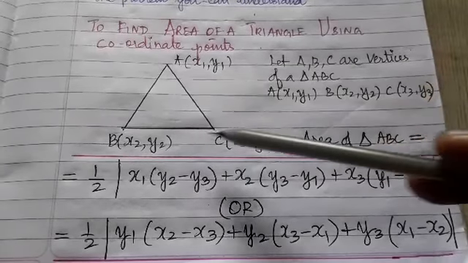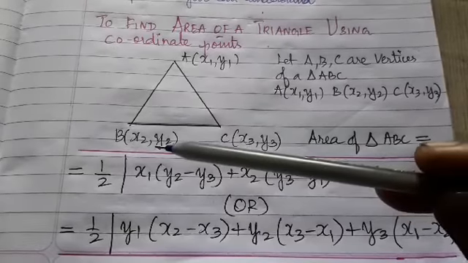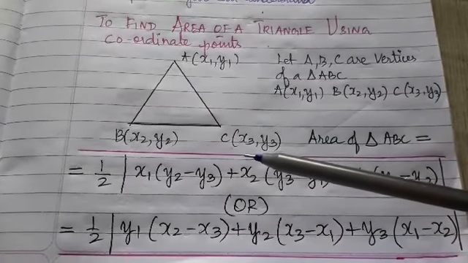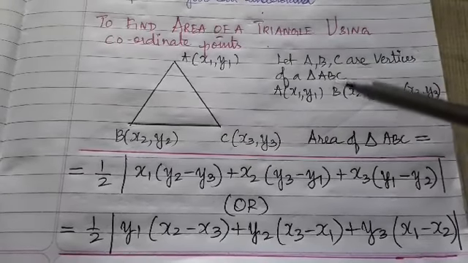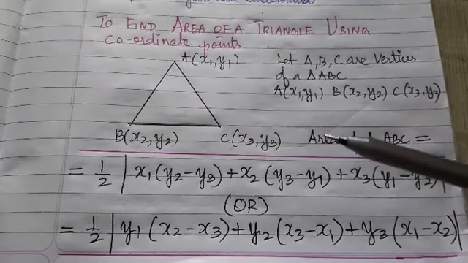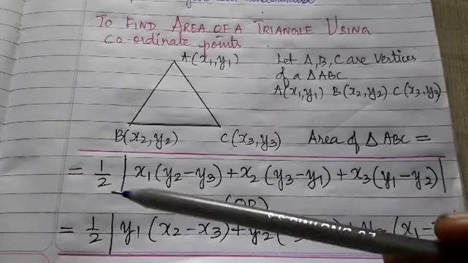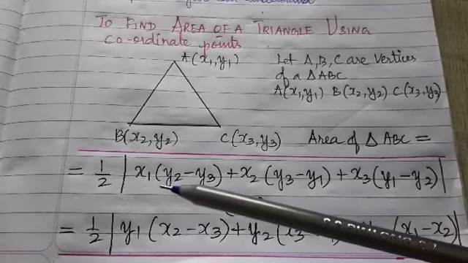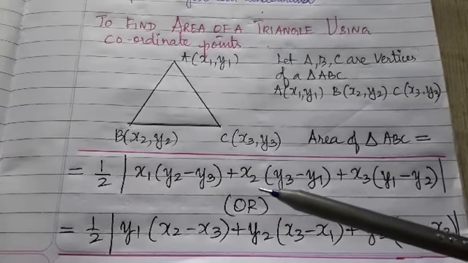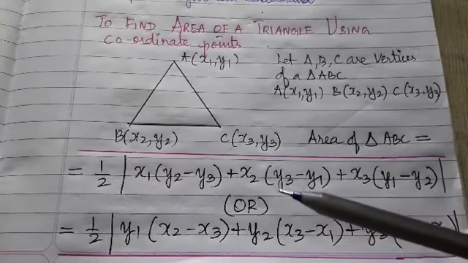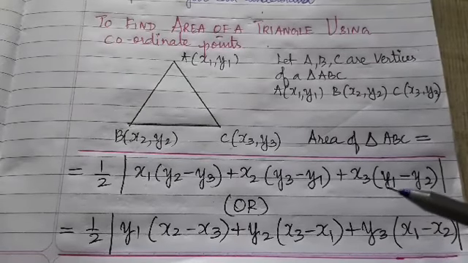Suppose a triangle ABC; I have taken A as coordinate point (x1, y1), B as (x2, y2), C as (x3, y3). Using these coordinate points, we calculate the area of the triangle. The area of triangle ABC is given by half, absolute value of [x1(y2 minus y3) plus x2(y3 minus y1) plus x3(y1 minus y2)].